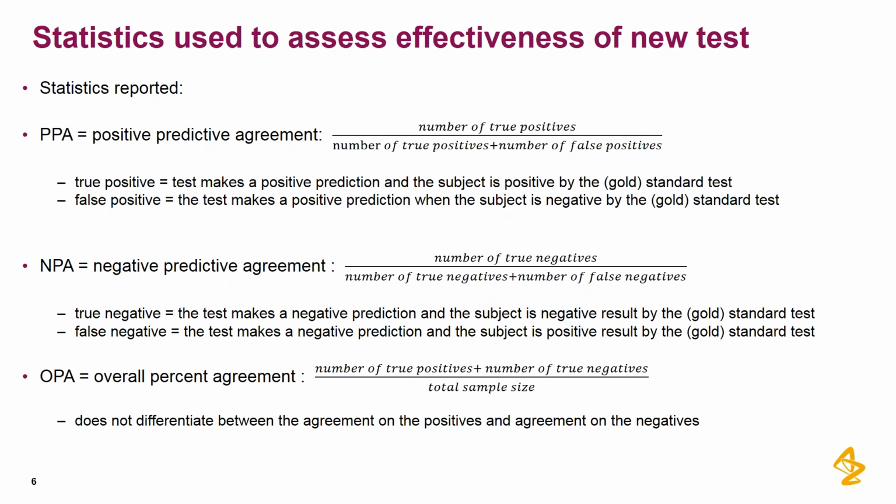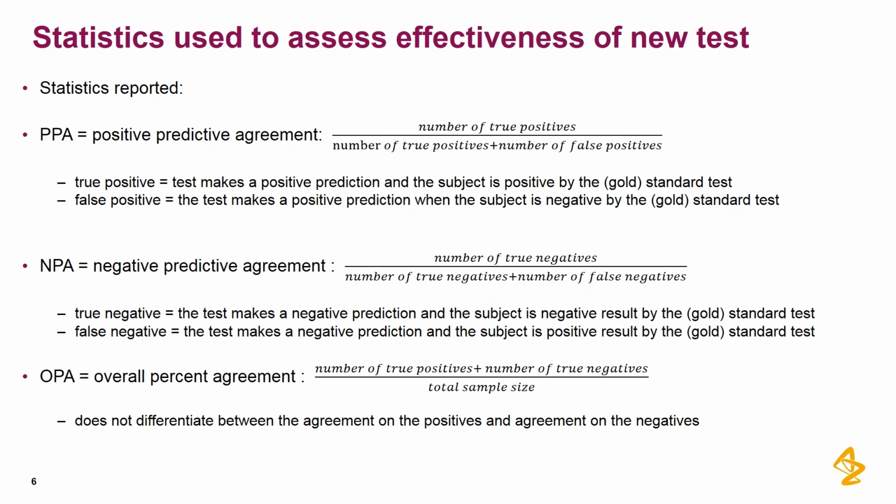In our case, this was a test that was already approved. That is divided by the total number of true positives plus the number of false positives, where the false positives would be the number of patients identified under the new test as having a positive T790M result when the gold standard test identified that patient as being T790M negative.